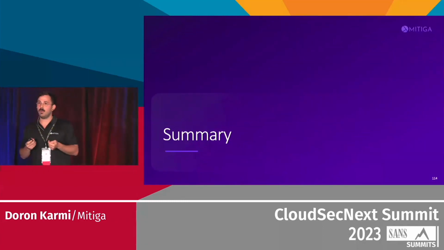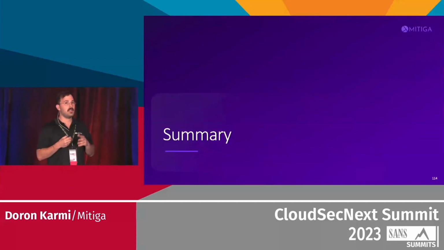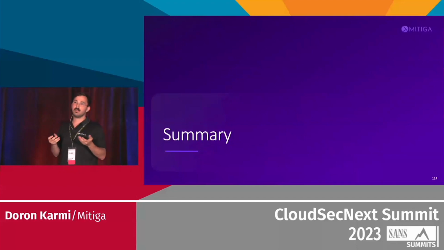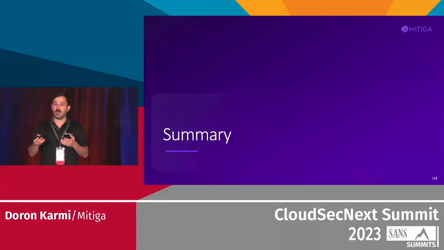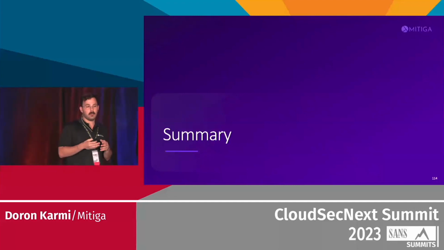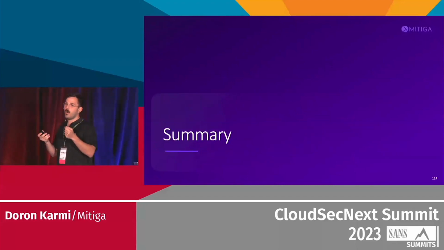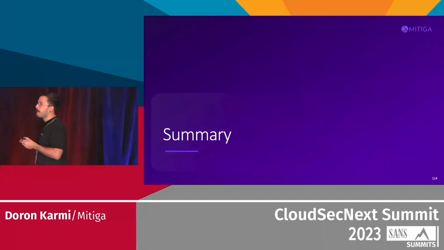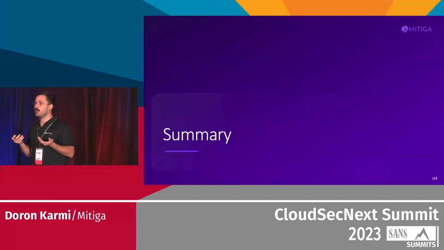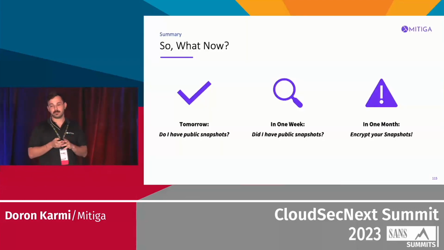This is only because there is a lack of visibility that doesn't tell you if someone did anything with it. If there was visibility and we could prove that in the time that this snapshot was exposed no one did anything with it, it would be even better. But for now, if you do any of the detection methods that I showed you and you find any snapshot that was exposed, you should treat the data as compromised.